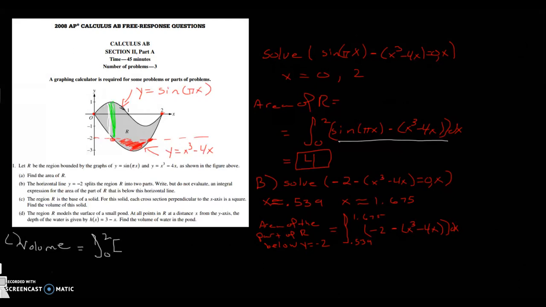That can be the function that I underlined before, sine pi x minus the quantity x to the third minus 4x. But you need to square it because it's side squared times all the differentials, the little thickness, and that's how you're going to get your volume. And you should get approximately 9.978.